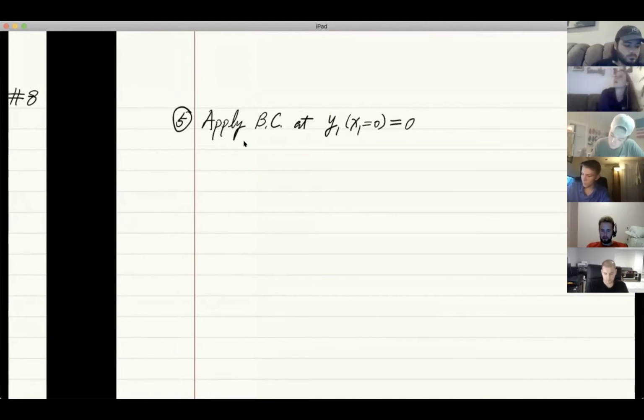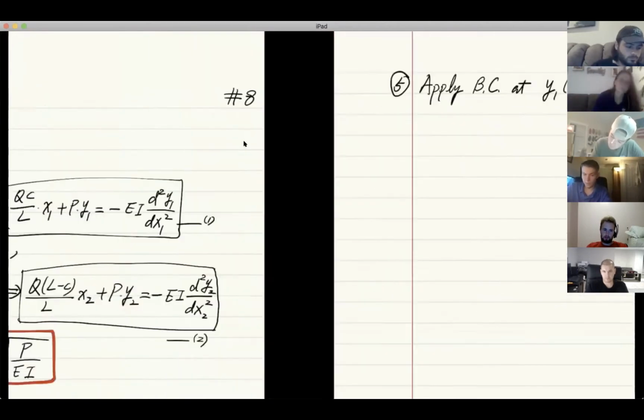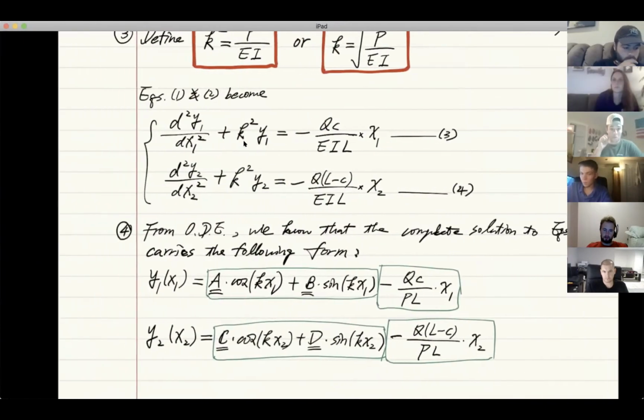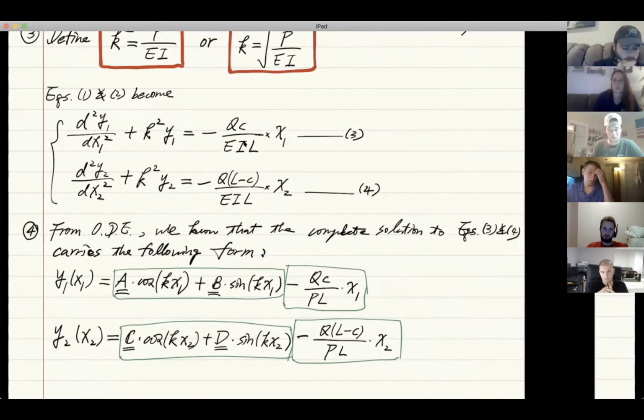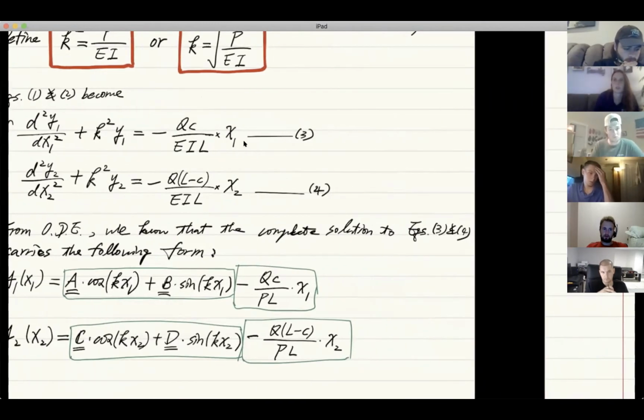If it's at the support, how do we find the values? You just plug this value into the first solution, which is this one. For the ease of discussion, let's call this equation 5 and this equation 6.